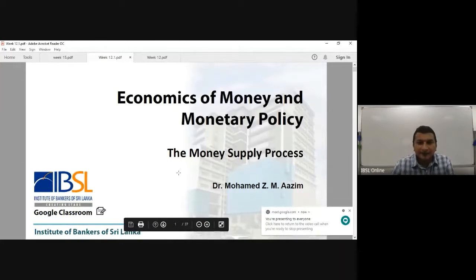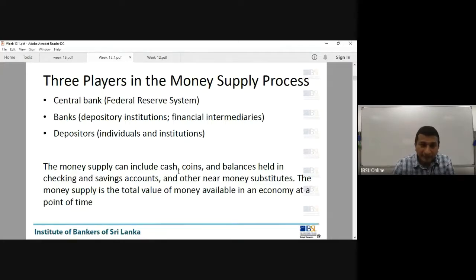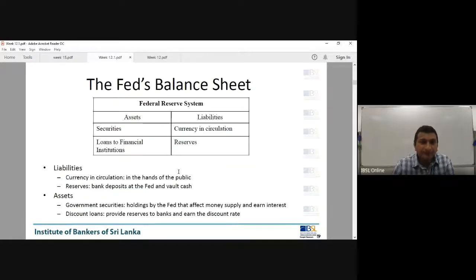And you probably got a feel for how different players, particularly three stakeholders in the form of central banks, then financial intermediaries, mainly the banks, and then depositors, influence the money supply process.